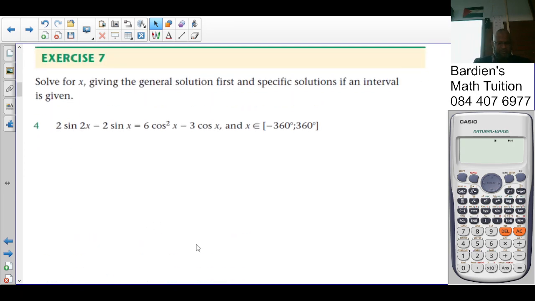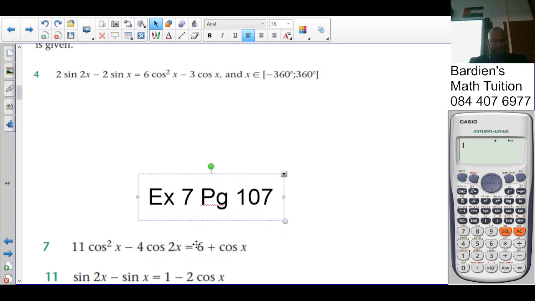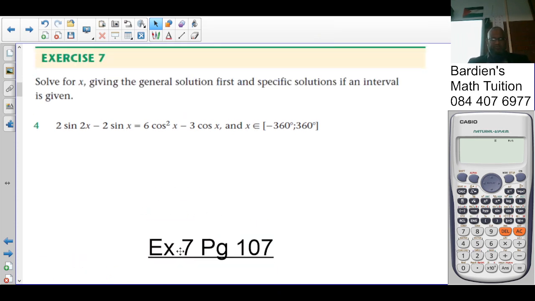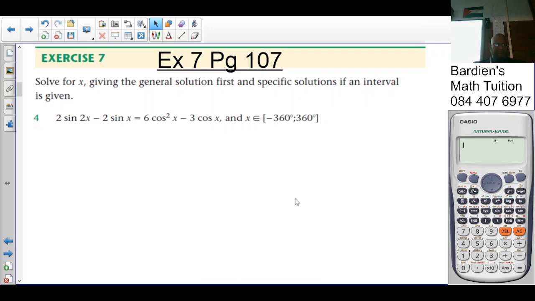So on page 107. Okay, so the question says, solve for x.